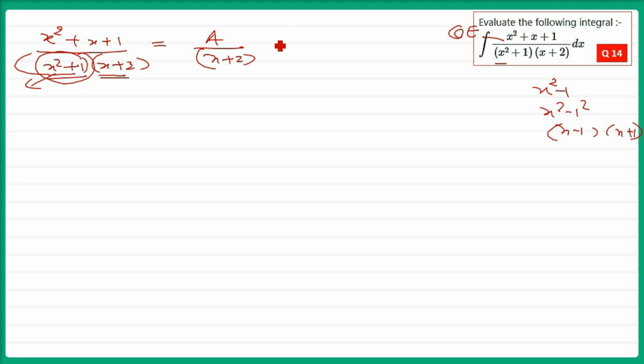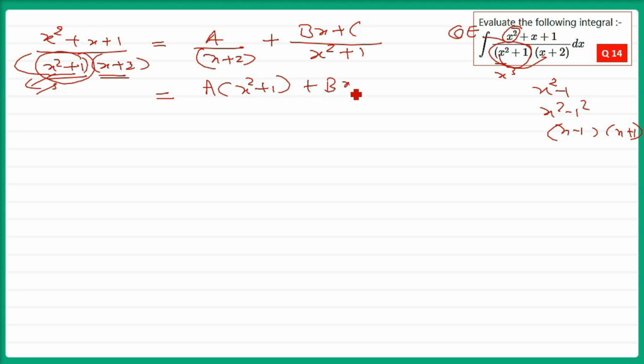For that, because the denominator has a quadratic, we have to write Bx plus C in the numerator, which will be above x square plus 1. Now let's take the LCM in order to find out this A, B and C. So A into x square plus 1 plus Bx plus C into x plus 2, and in the denominator we are going to get x plus 2 into x square plus 1.